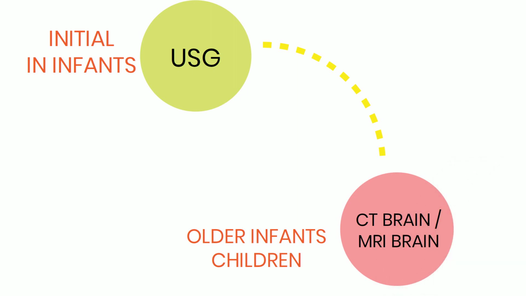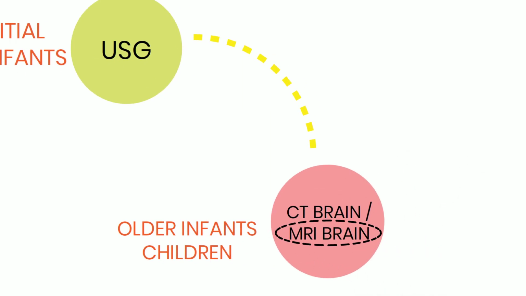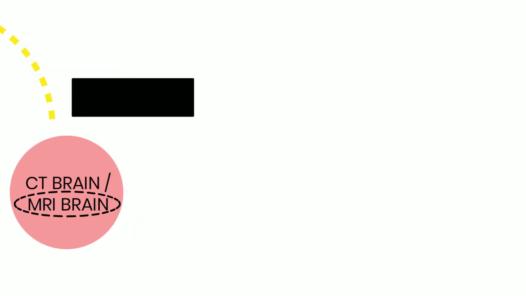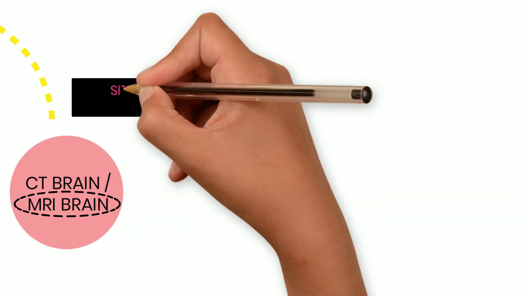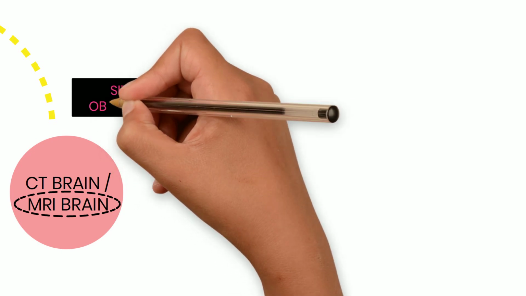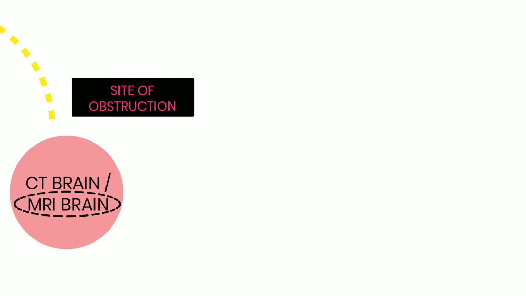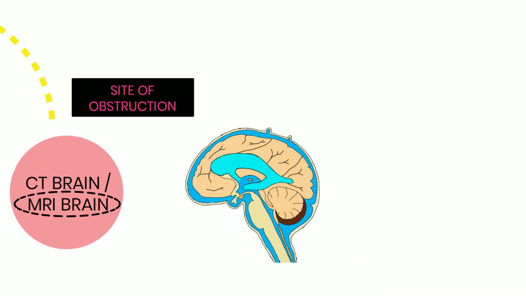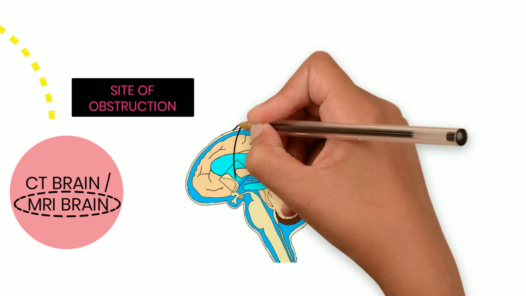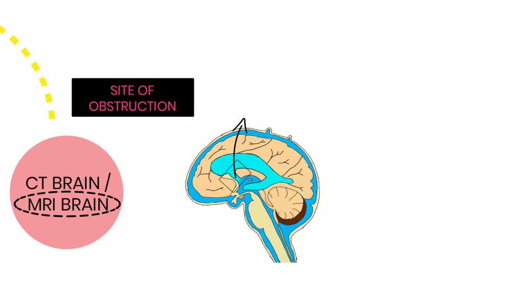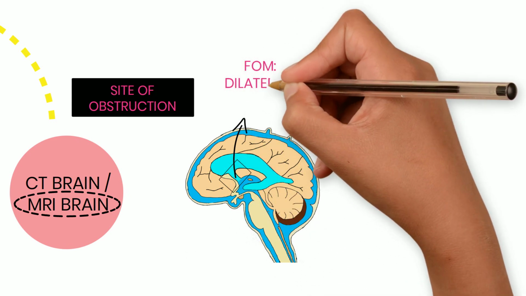But MRI is the investigation of choice. So the site of obstruction and the type of hydrocephalus can be made out from the dilated ventricles. For example, when the obstruction is at the level of foramen of Monro, there will be a dilated lateral ventricle on that side, that is proximal to the obstruction.